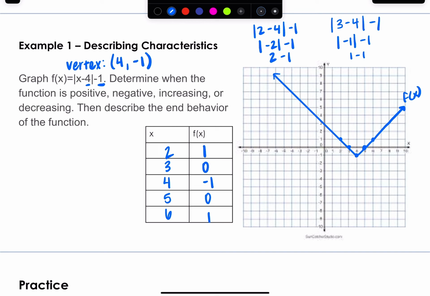Okay, so the first thing that we are talking about is going to be positive and negative. So positive, when I say that my function is positive, I'm talking about when it goes above the x-axis.